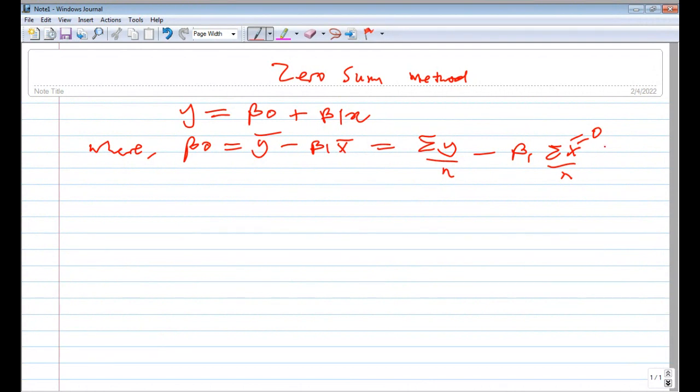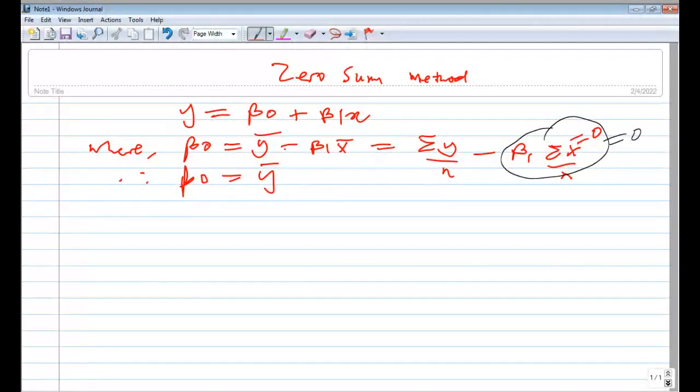If the sum of x is equal to 0, the whole of this will be 0. Therefore you are left with beta 0 equal to y bar.